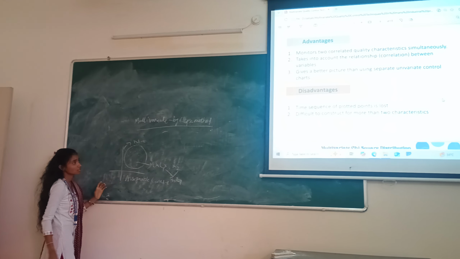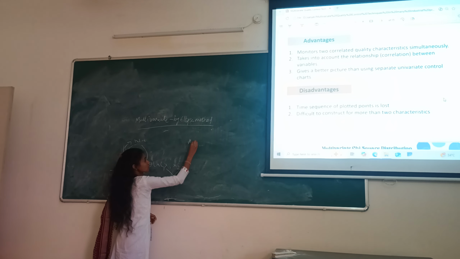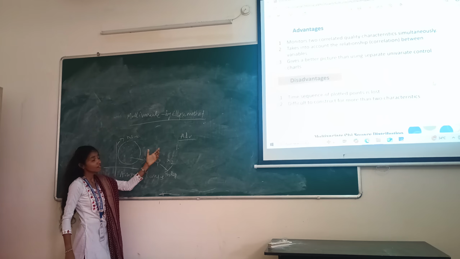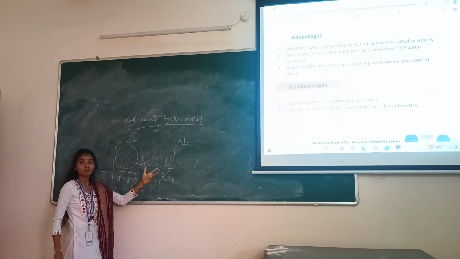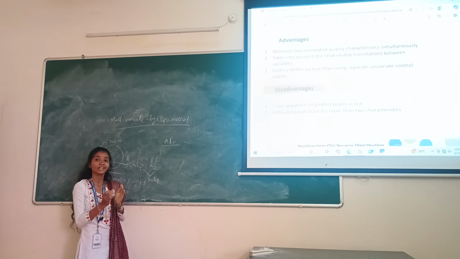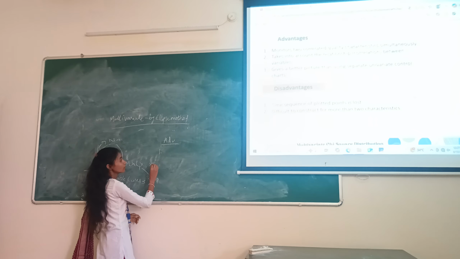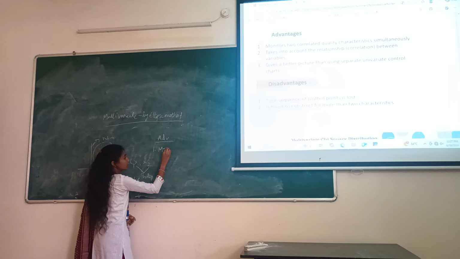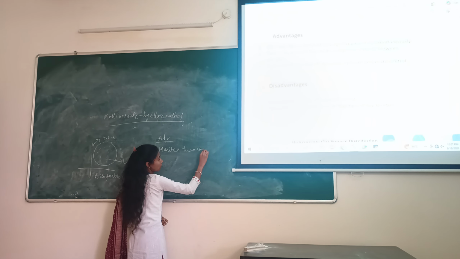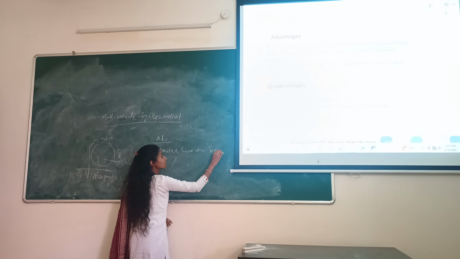And now let us see some advantages and disadvantages. The first advantage is here we are monitoring the two variables simultaneously. ఒకటి సారి మనం x1 variable x2 variable రెండింటిని చదువుతున్నాం. So this is the advantage. Monitoring two variables simultaneously.